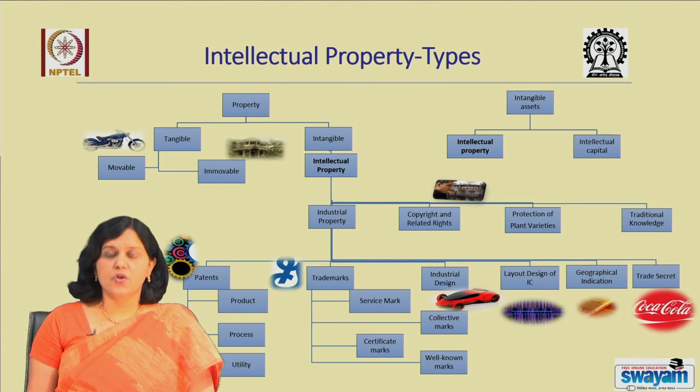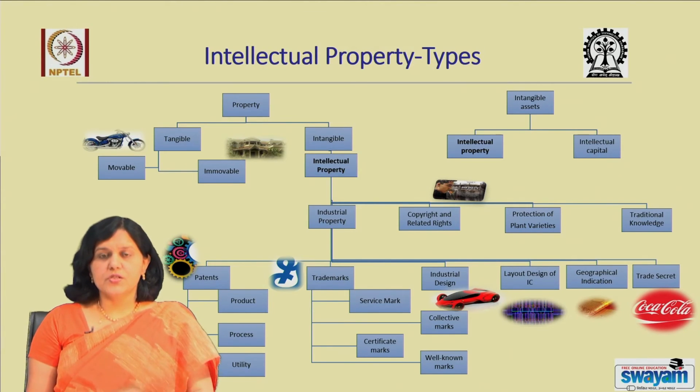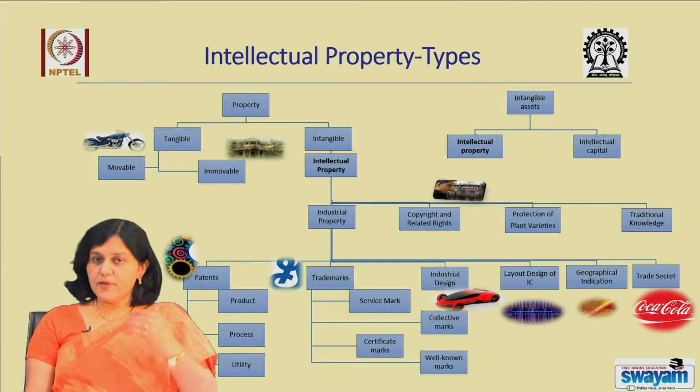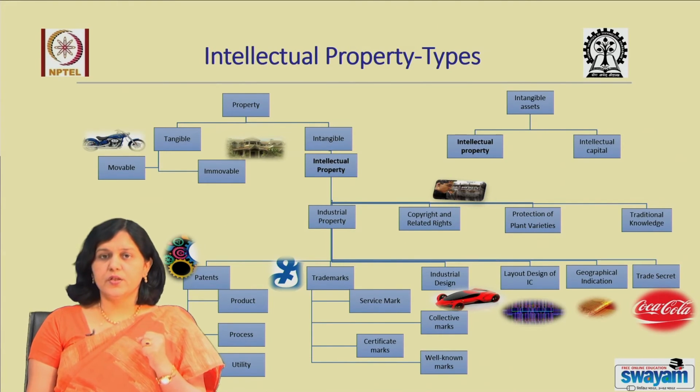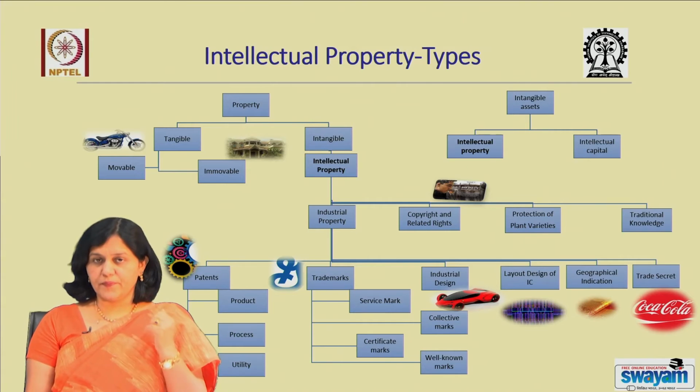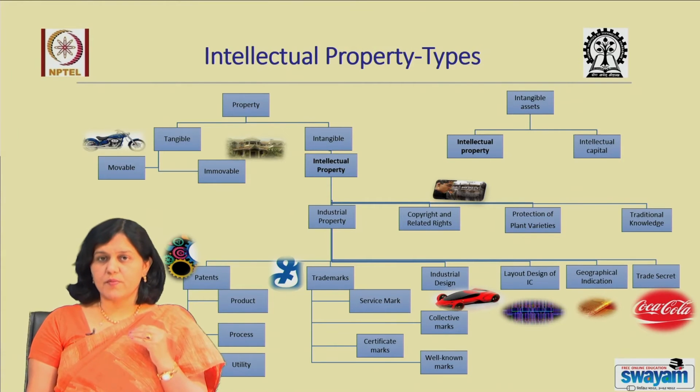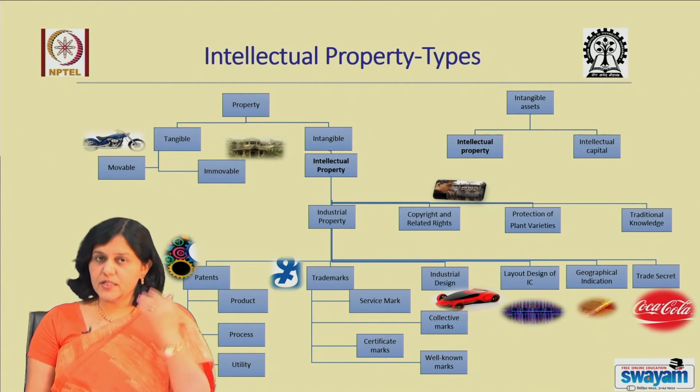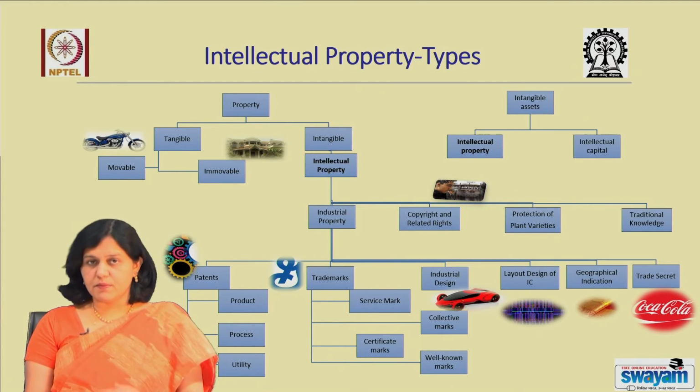Next is a geographical indication. So, suppose now I say Tirupati Laddu, Darjeeling tea, Kolhapuri chappal, Rasagulla. What happened? A particular region you immediately remembered. When you say Tirupati Laddu, that particular region you remembered. Darjeeling tea, that Darjeeling thing comes into your mind. Kolhapuri chappal, immediately you remember about the Kolhapur and the chappal.